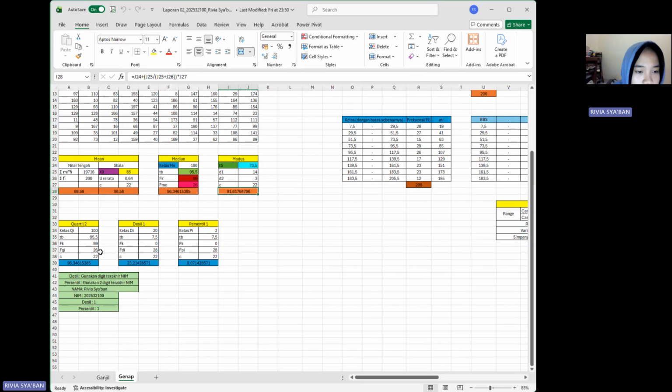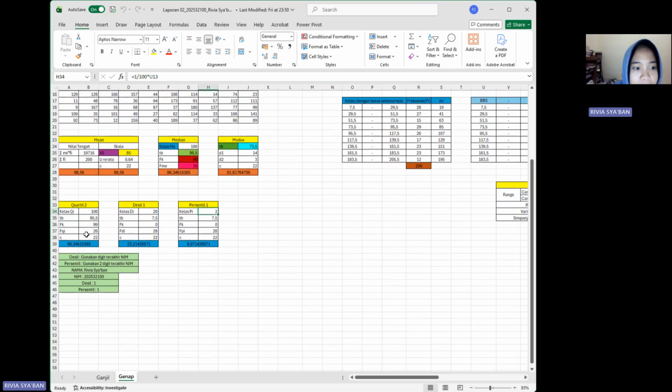Next, we find the values of the quartile, decile, and percentile. The decile and percentile positions depend on the student ID number.